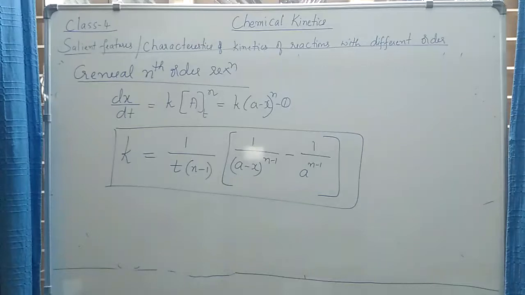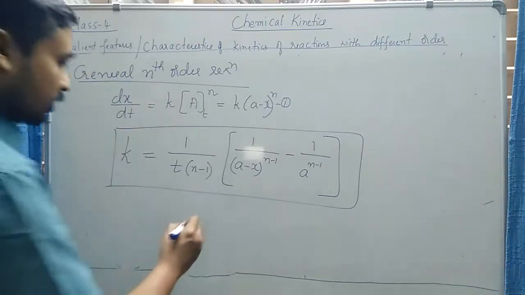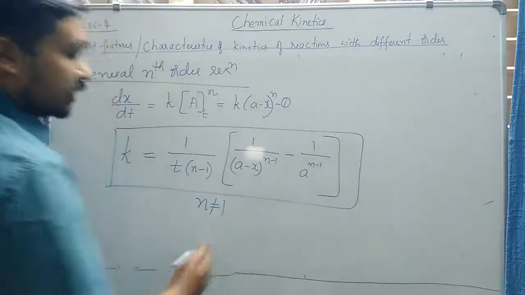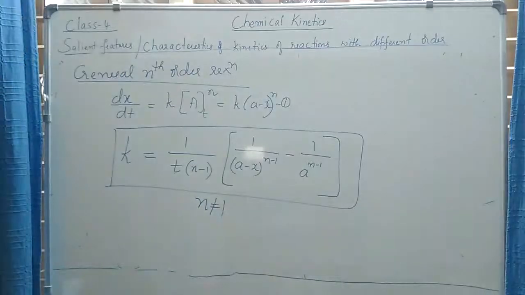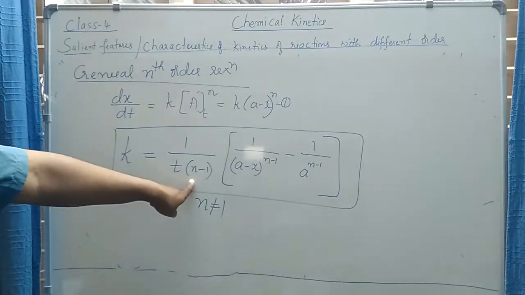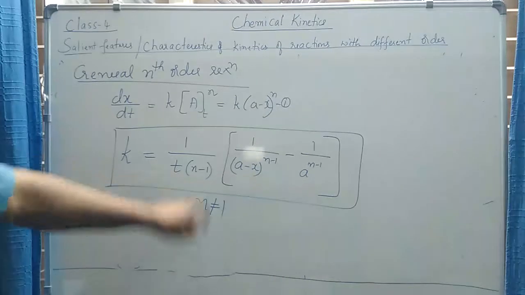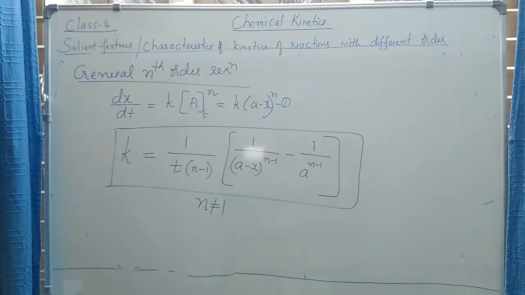But remember, this equation is not applicable for n is equal to 1. Because if I substitute n is equal to 1 here, this n minus 1 becomes 0 and 1 by 0 is not defined. Therefore this equation holds good for all integral ordered reactions, except n is equal to 1.